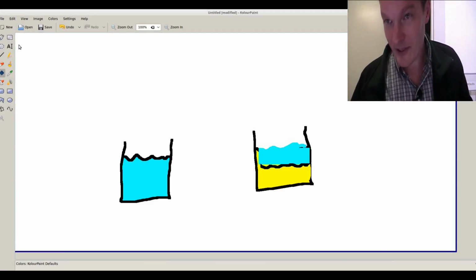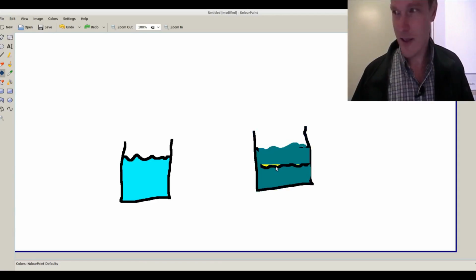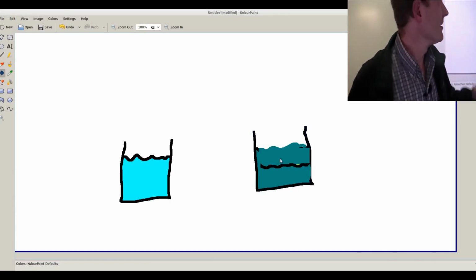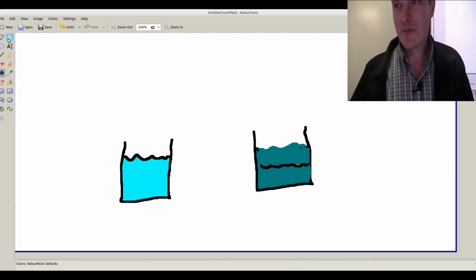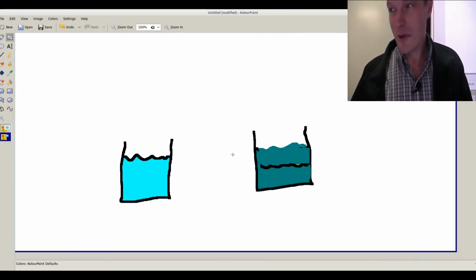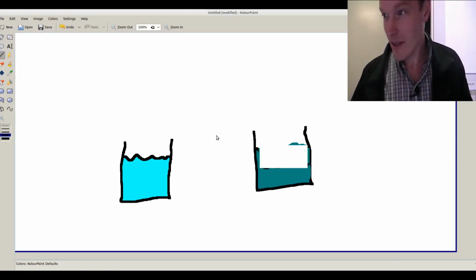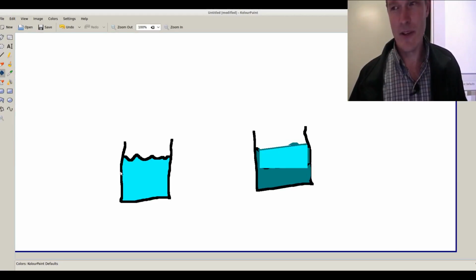And of course we all know what's really going to happen is it's going to distribute and it's going to look kind of like this. Dirty water, right? But suppose now we dump 50% of that out and we fill it up again with nice fresh clean water because this is a refilling cup.